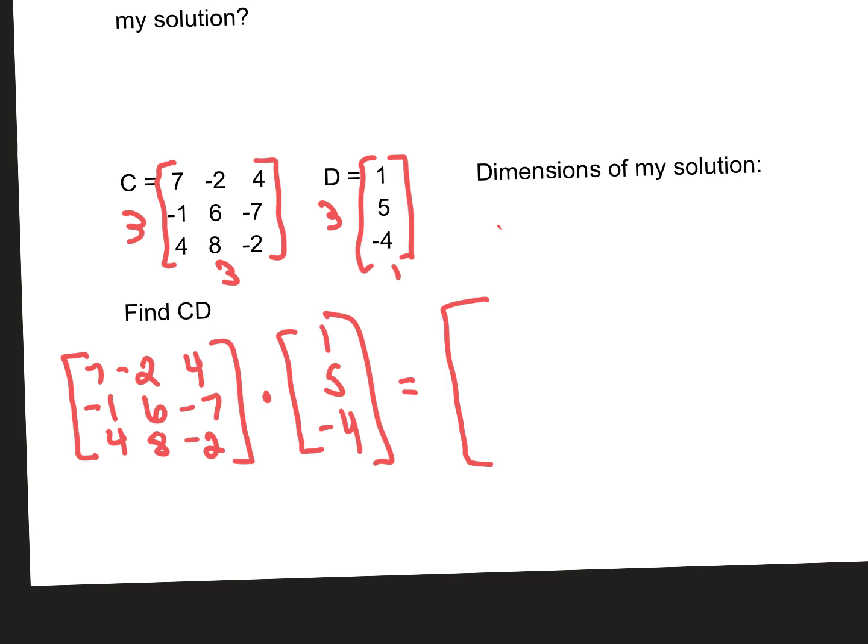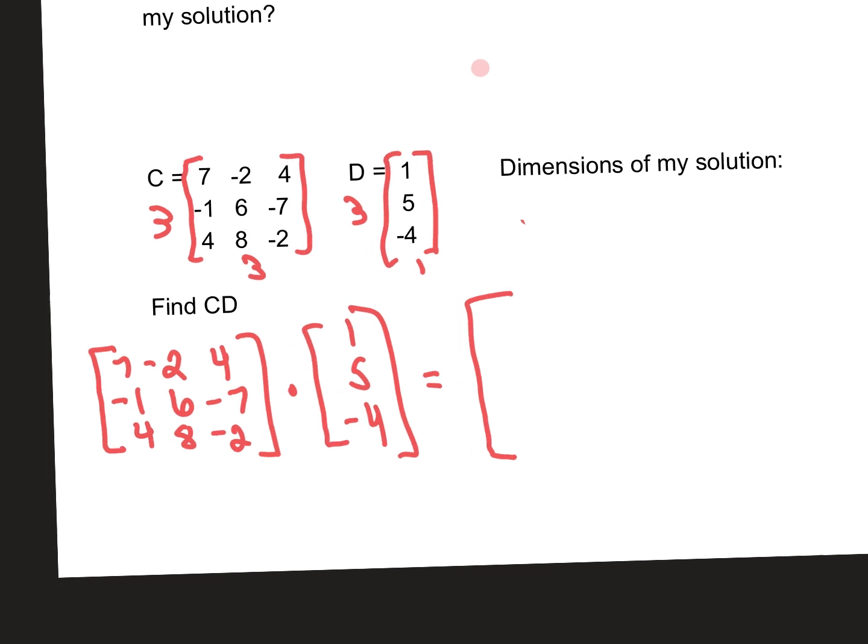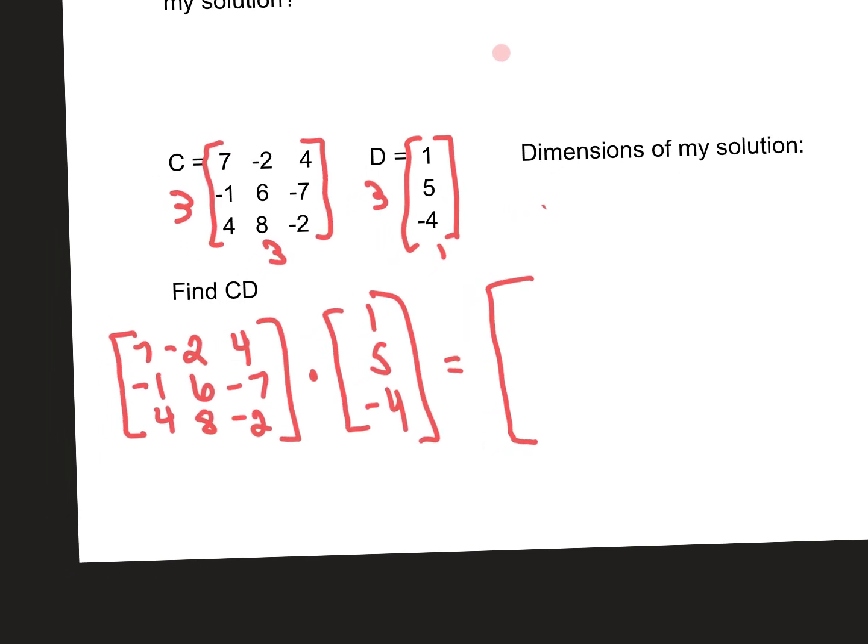Okay, so in this matrix, here's how it's going to work. We are going to take row 1 times column 1. I'm going to highlight in the top up here so that it's easier for you to see and it doesn't get in the way of my work. We are going to multiply row 1 times column 1, and that is going to give me my top row answer. When we do this, we multiply the corresponding parts, and then we're going to add them all together to get that first row.